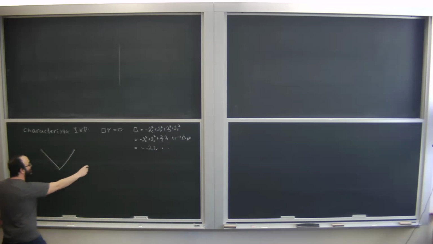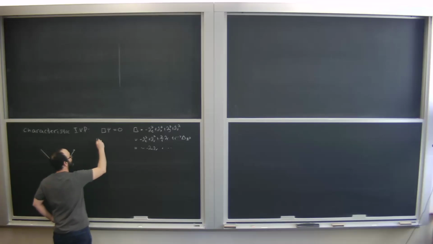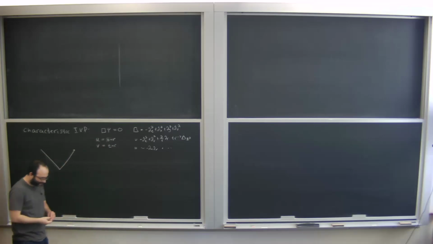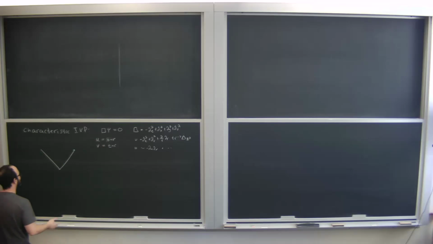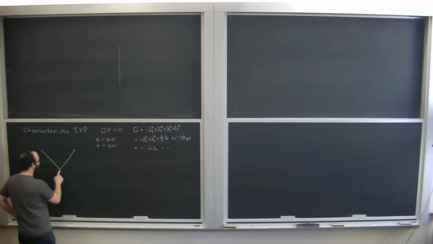That's not the point. Remember, these are null hypersurfaces. A lot of the things I'm saying work much more generally, in that you don't need to work with this particular u and v. What's important is just the geometric thing, that the hypersurfaces are null in the Lorentzian sense, say on Minkowski space, and that they intersect.